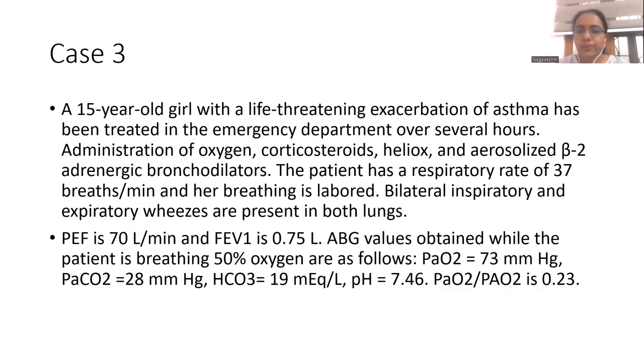ABG values show a PaO2 of 73 millimeters of mercury, PaCO2 of 28, a bicarbonate of 19 milliequivalents per liter, and a pH of 7.46. The arterial to alveolar oxygen ratio is 0.23. So here the patient has labored breathing and needs ventilation by CPAP or mechanical ventilation.